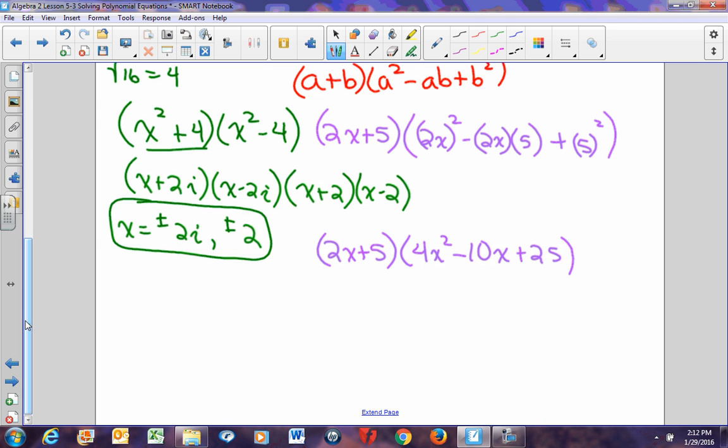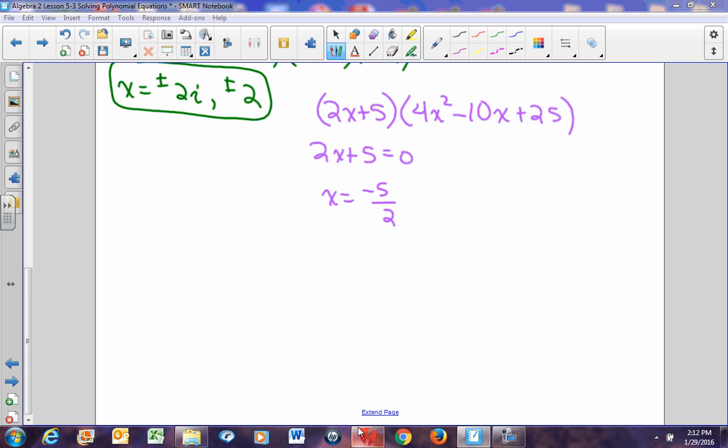So 2x plus 5 equals 0, so x will equal negative 5 halves. Okay, so there's one answer. But 4x squared minus 10x plus 25 doesn't factor again unless you put it in the quadratic formula, which we will do.